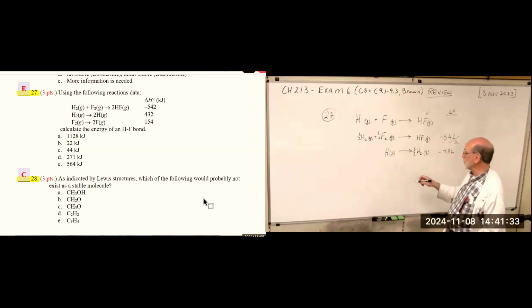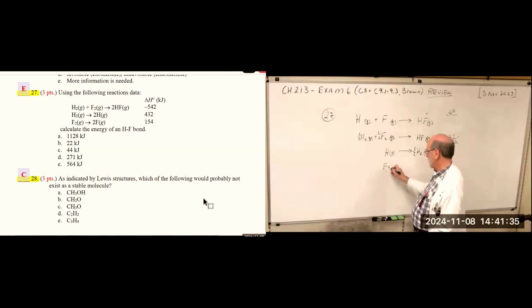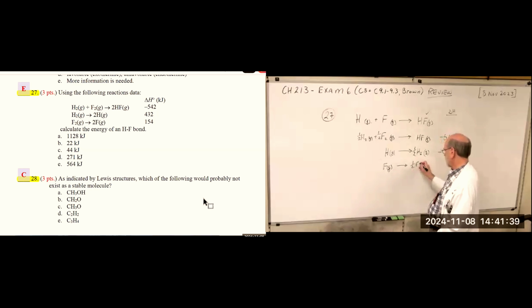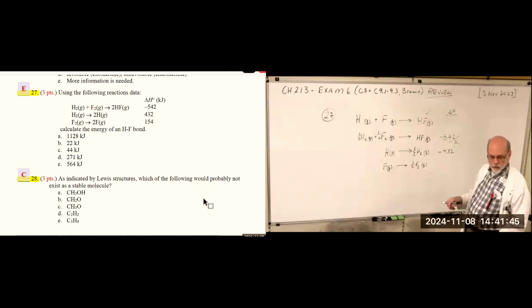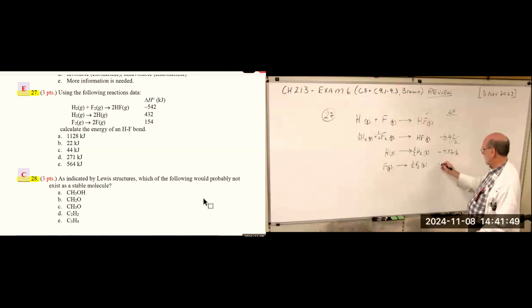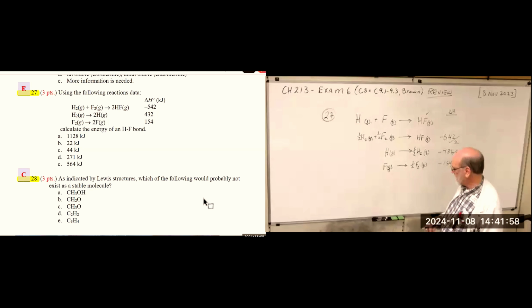And we do the same thing for fluorine. I'm sure that equation is in there also. Change the sign. Minus 154 divided by 2, because we took half of it. Correct? Now, does that get us where we want to be?